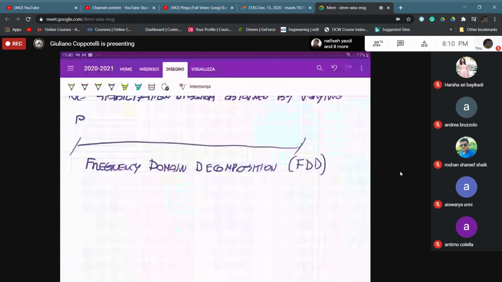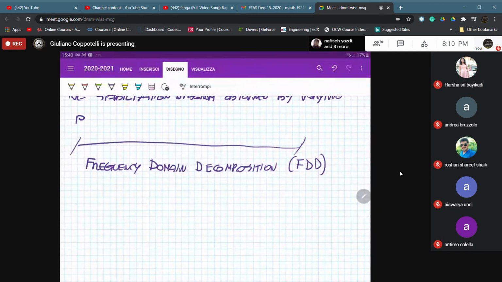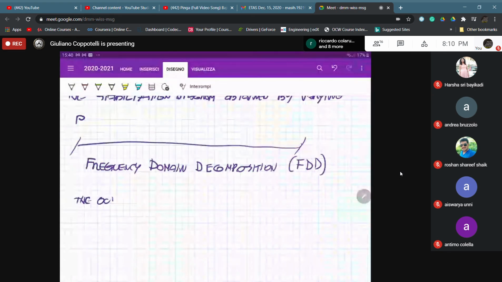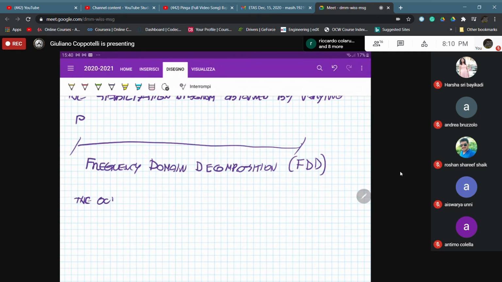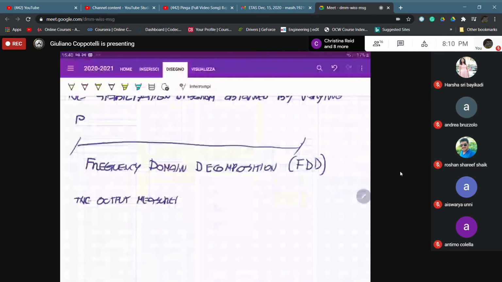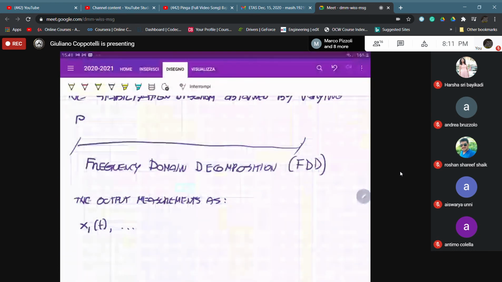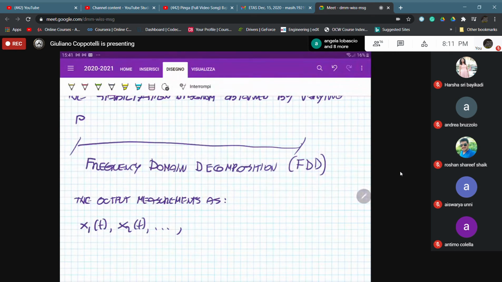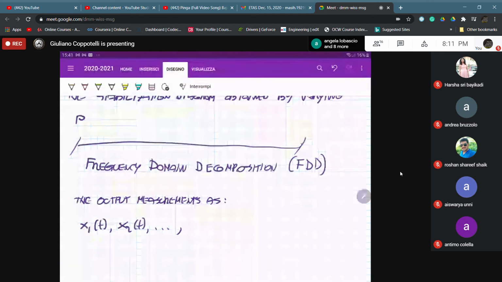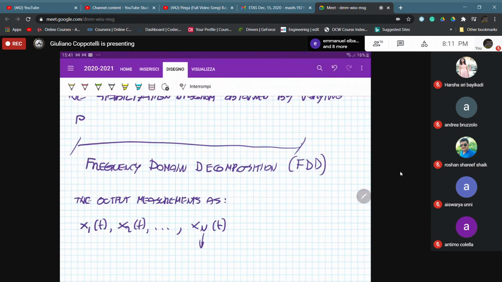Let's assume to have the output measurements as your, let's say, x1 of time, x2, up to xn, n being the number of degrees of freedom, the number of output responses in general.